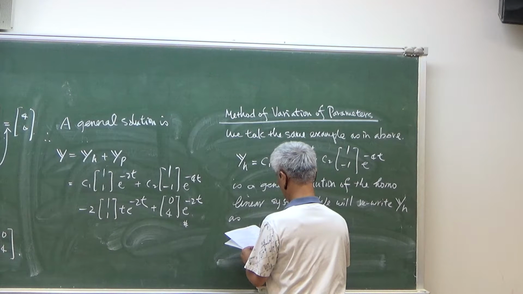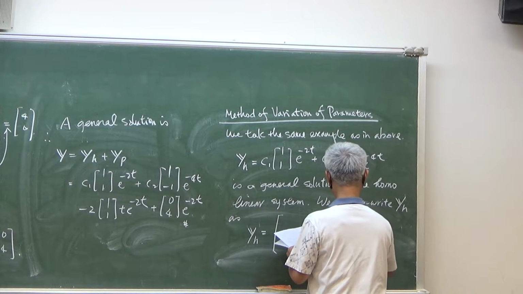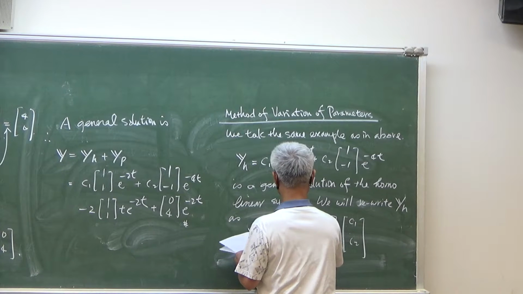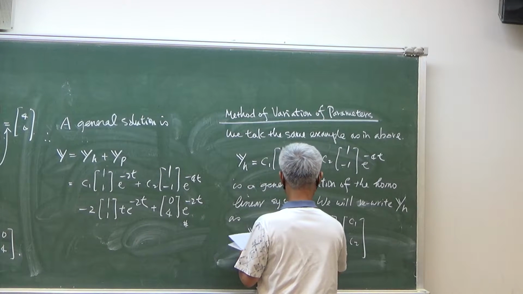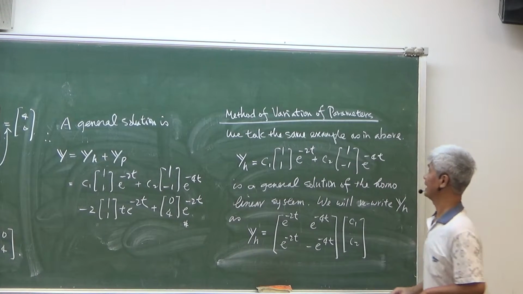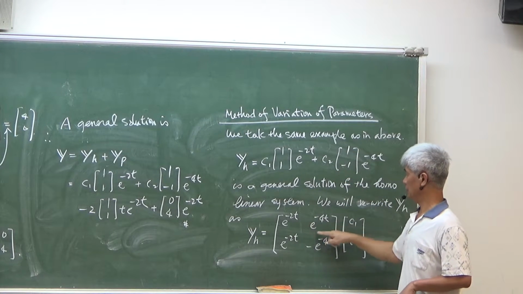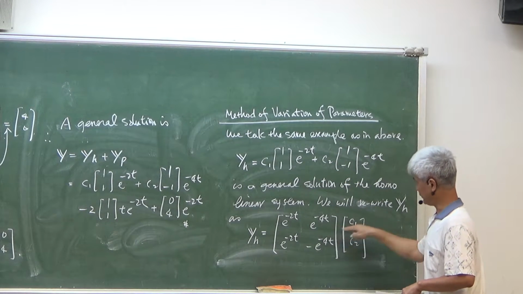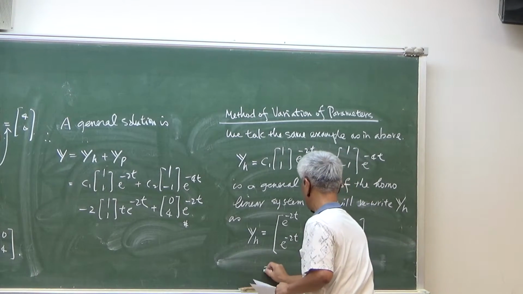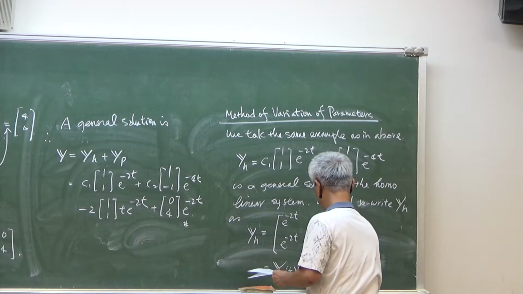Remember we used this form before, the fundamental matrix. We write this linear combination as the multiplication of two matrices, Y(t) and c.